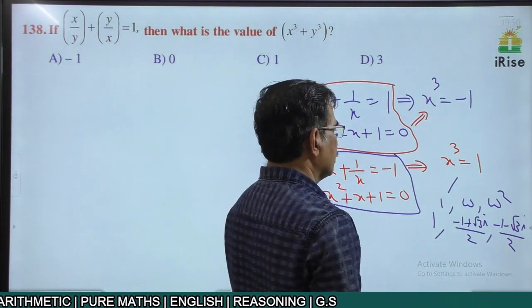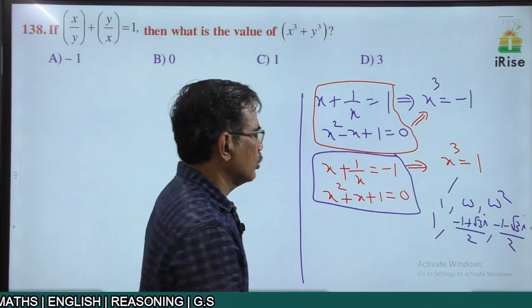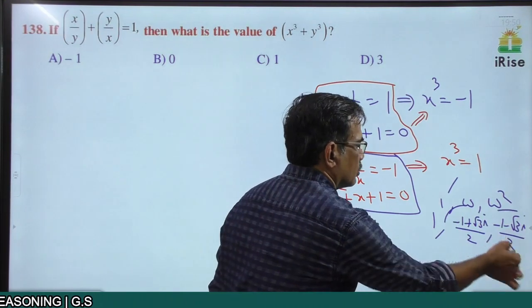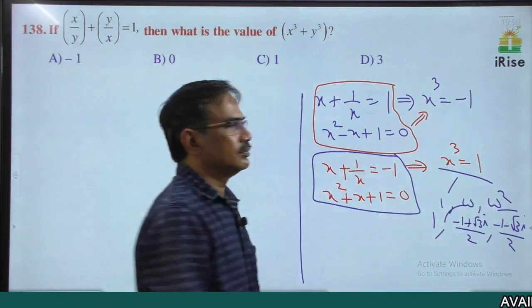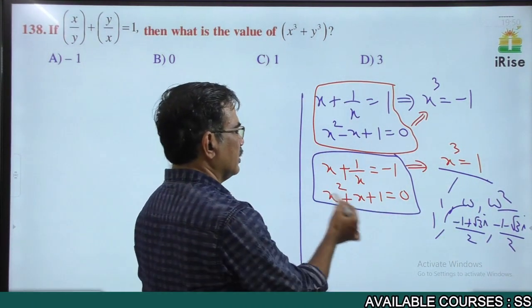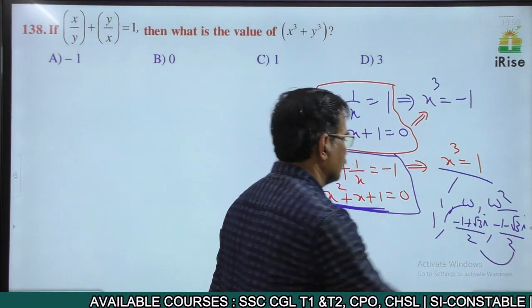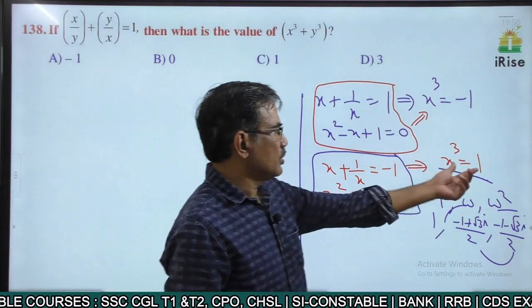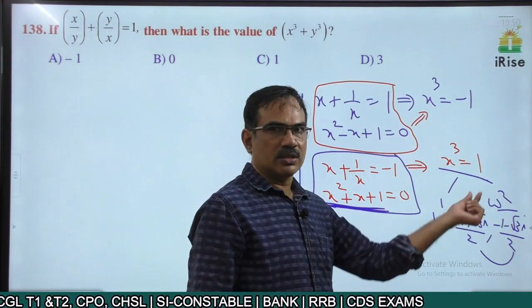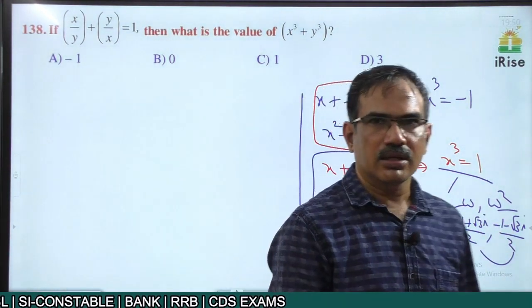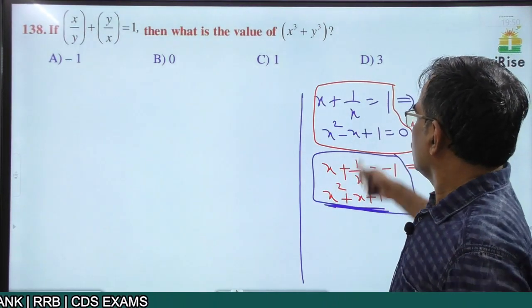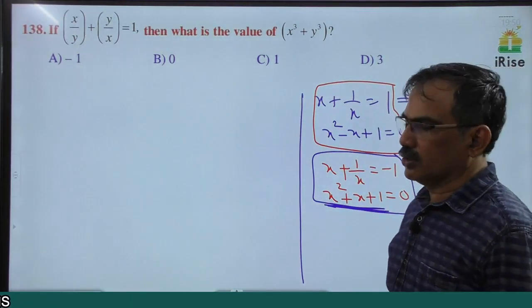If the equation has only imaginary roots, then these are the roots of this equation. If x cube is equal to 1 is given, we have 3 roots, because this is a third degree polynomial equation. So these are very important formulae to solve this question.